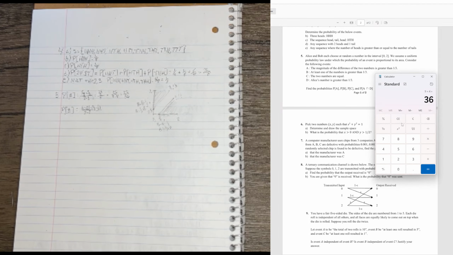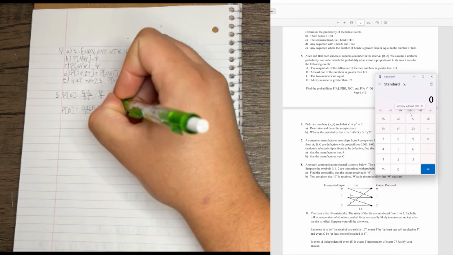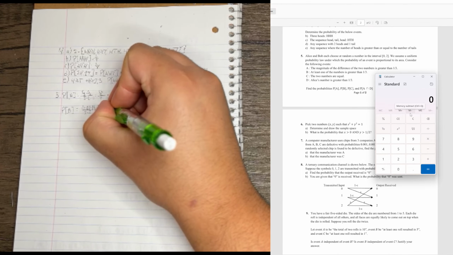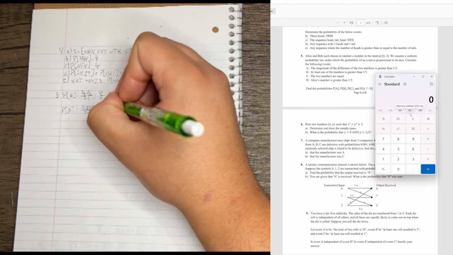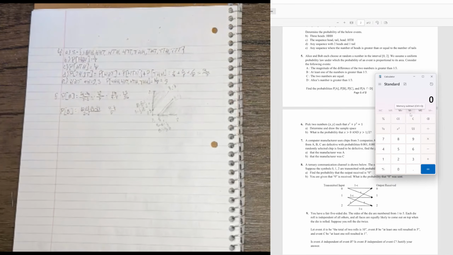So we'll get our calculator out again. And, I mean, there's not really much math we need to do immediately, at least not with the calculator. 4 minus 1/9. 1 divided by 9. 4 minus... Oh.